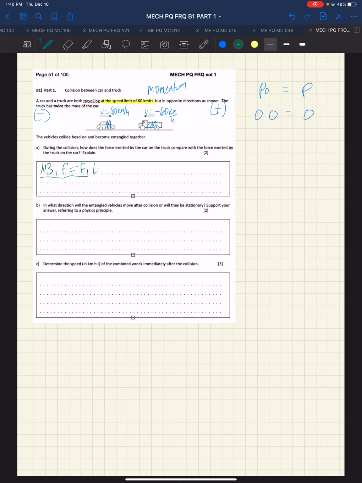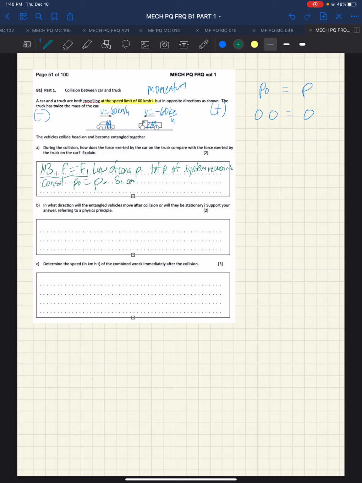Well, the law of conservation of momentum means the total momentum of the system remains constant. That means the initial momentum equals the final momentum.